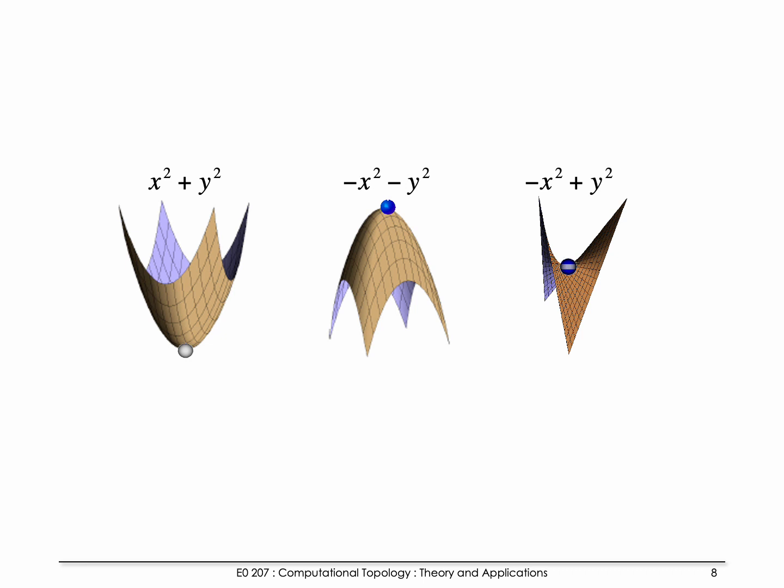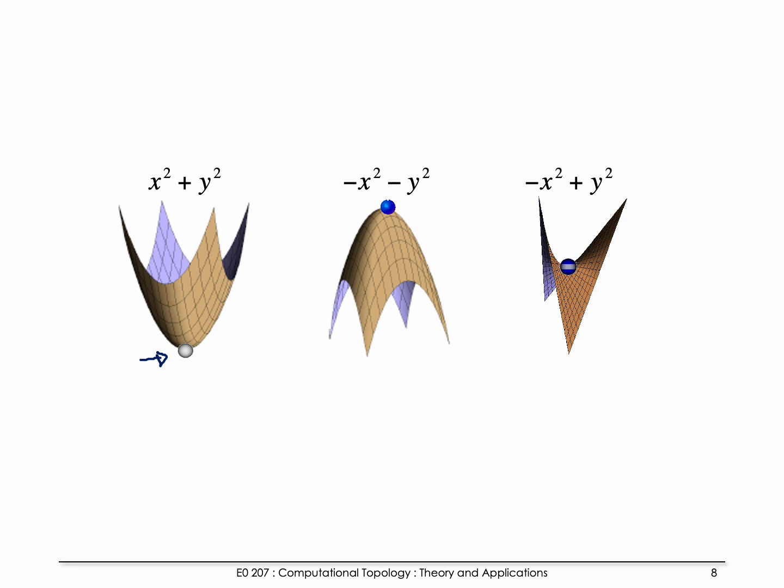Let's look at some examples now. Here are three different 2D functions: f of x, y equals x squared plus y squared, and so on. What I have shown is the origin located here.